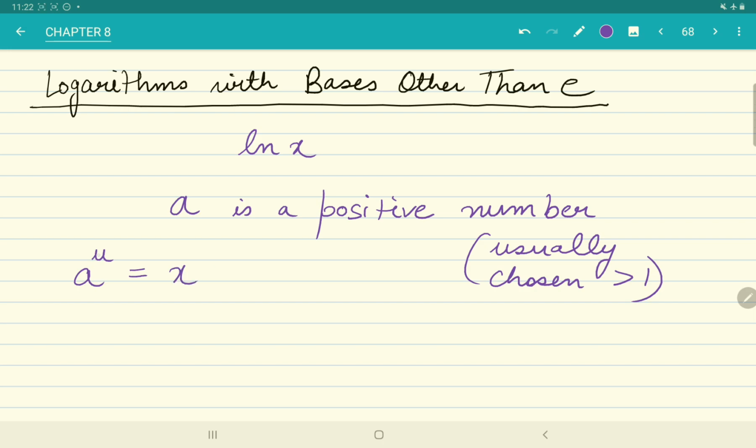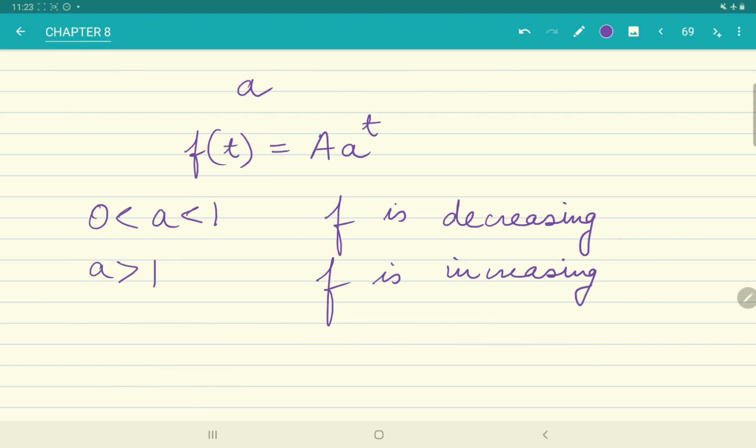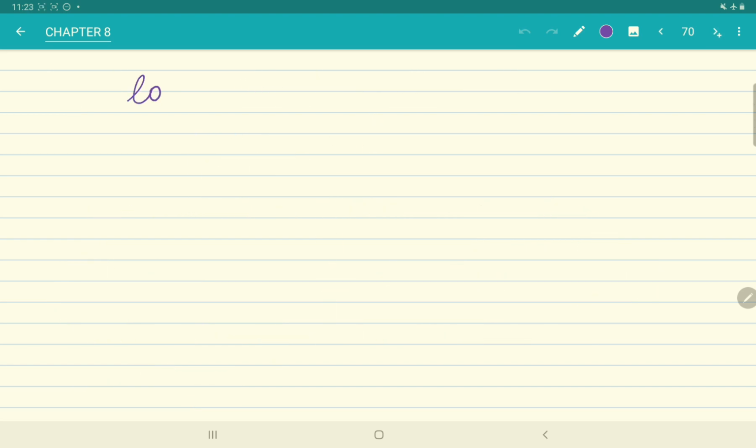Now in this case, I can say that u is the logarithm of x to the base a, and that means I can write u equal to log of x to the base a. Basically, when I write log of x to the base a, it is the power to which I have to raise a in order to get x.